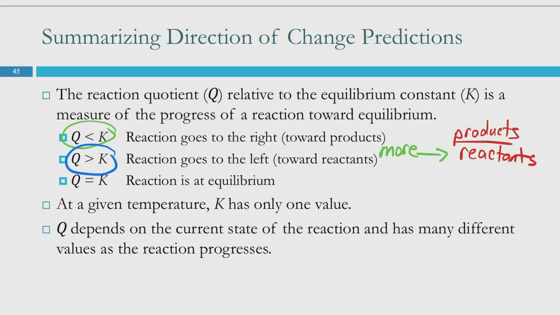If our Q is bigger than our K value, then that means we have more product. So we're going to use up some of our products as the reaction continues to work towards equilibrium.